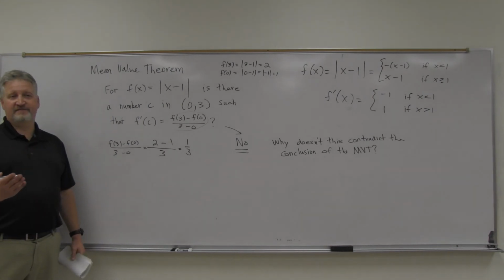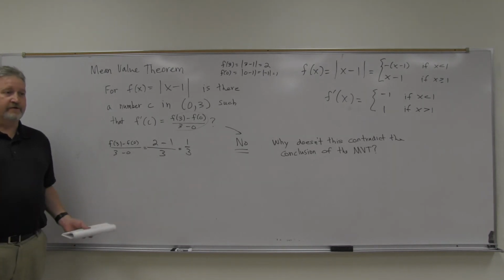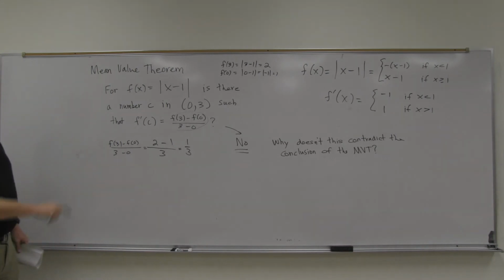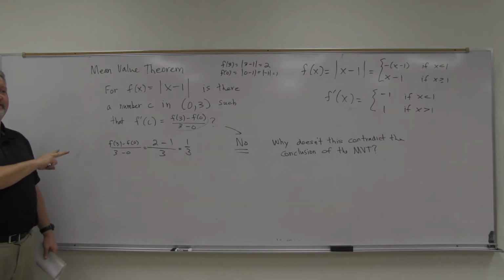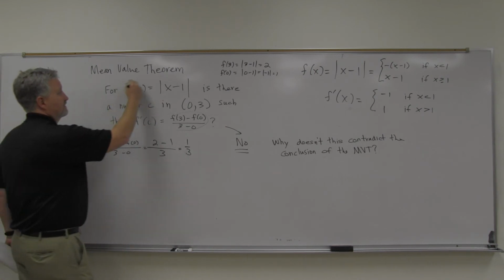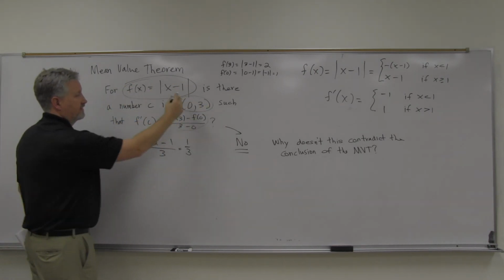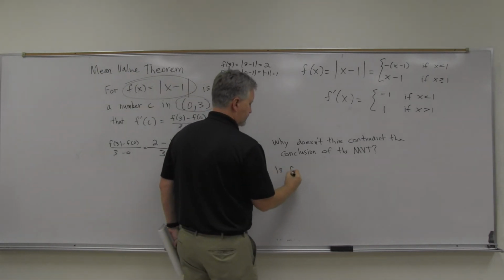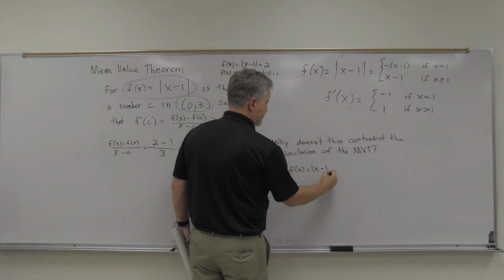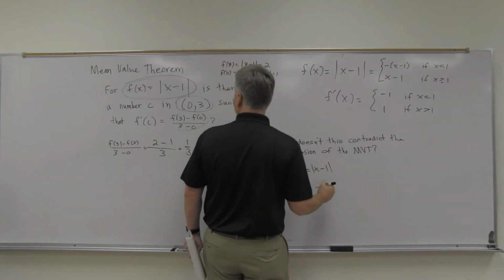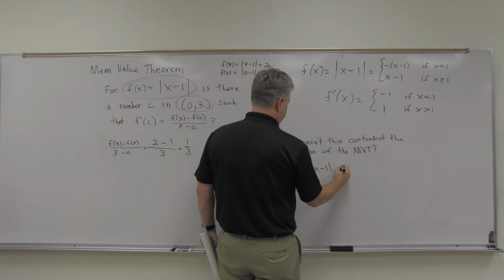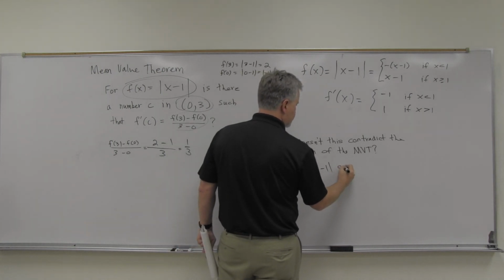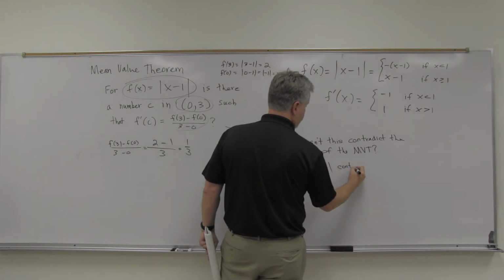If one of those hypotheses isn't satisfied, the conclusion is not valid. Which of the two hypotheses is not satisfied here for this function on 0, 3? Is it continuous on 0, 3? So is the function f of x equals absolute value of x minus 1, for hypothesis 1, continuous on 0, 3?